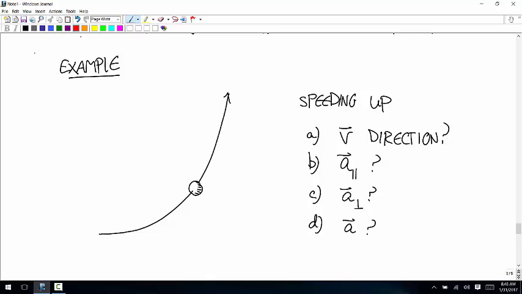Okay, so the velocity is tangent to the path in the direction of motion. So that's the velocity vector. Any confusion about that? The velocity is always tangent to the path.